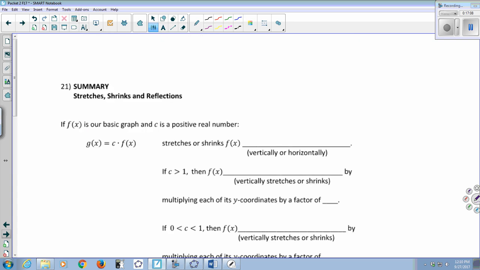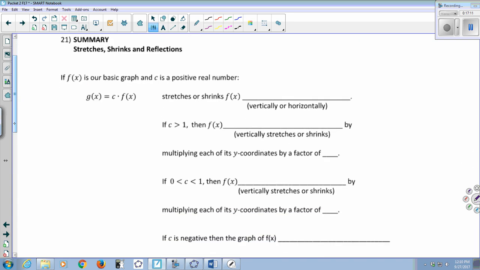So to summarize, stretches, shrinks, and reflections. If f of x is our basic graph, also known as a parent function, c is a positive real number, then if you multiply f of x by c outside the parentheses, this is a vertical stretch or shrink, right? It stretches or shrinks f of x vertically because it's outside of the parentheses. If c is bigger than 1, you're multiplying by a number bigger than 1, then that's going to stretch.